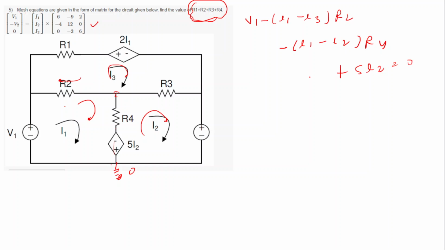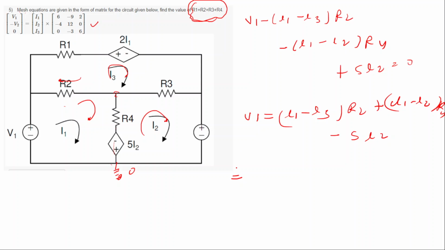So now let's rearrange the terms. V1 will be equal to, this term goes to the right side, I1 minus I3 times R2 plus I1 minus I2 times R4 minus 5 times I2. Okay, so now let's rearrange the terms.